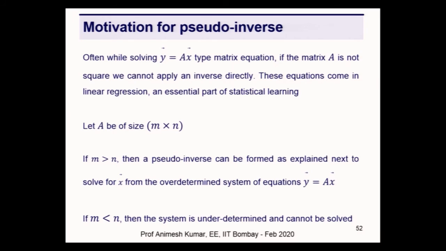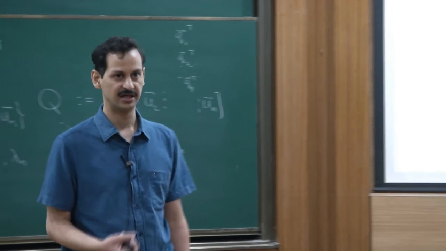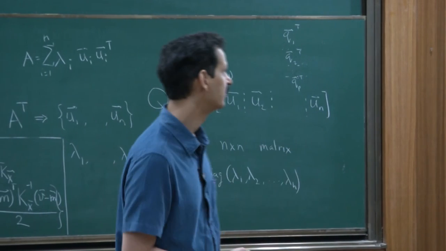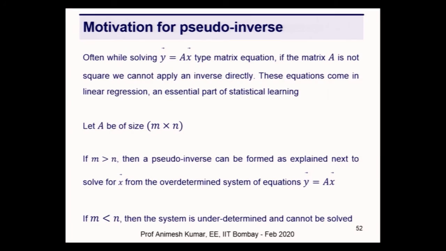These equations often show up in linear regression. It's a part of both machine learning and statistical learning, and it shows up everywhere in engineering. Now, if M is larger than N, which means I have more equations than the number of unknowns, where x vector contains the unknowns, equal to N, then we need something called a pseudo inverse.